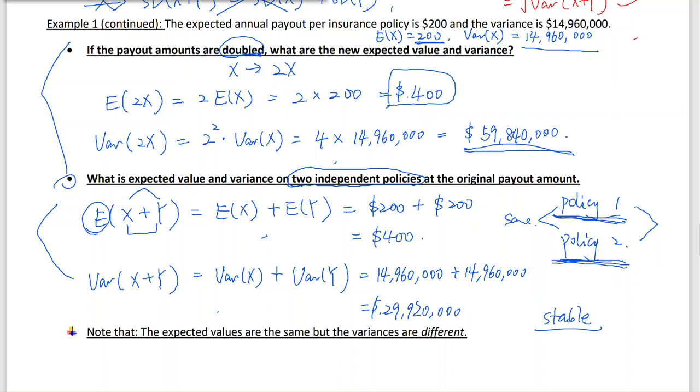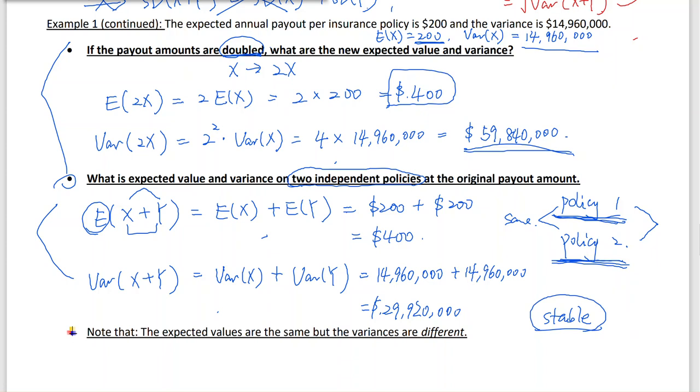So now think about the whole process. If your pay amount is doubled, that means you pay $1, now you pay $2. For the second case, you pay $1 for this policy and another dollar for the other policy. So you pay the same thing, $2 for the insurance, but you are getting more stable payouts.